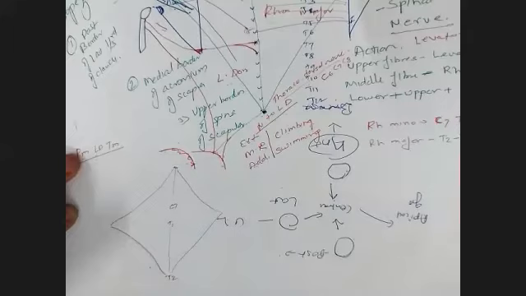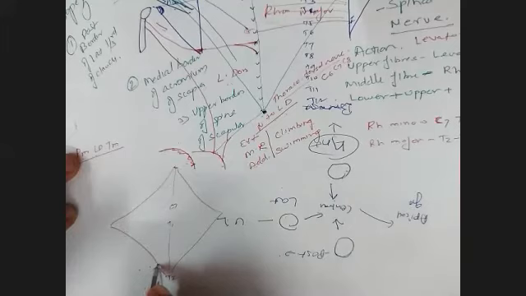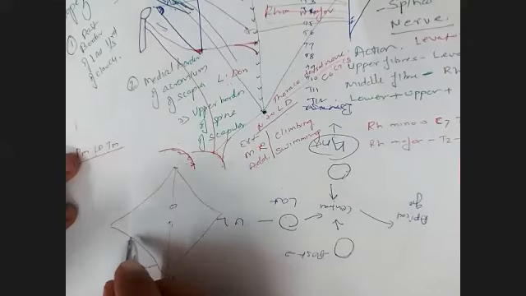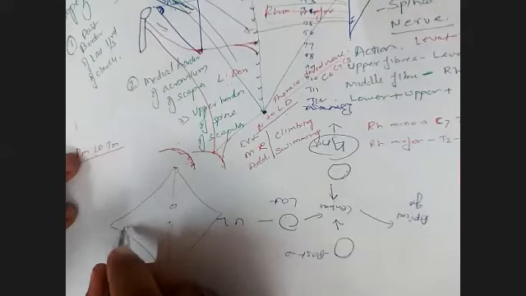Then there is the upper border of latissimus dorsi, the fibers of latissimus dorsi also. And then there is the medial border of scapula.